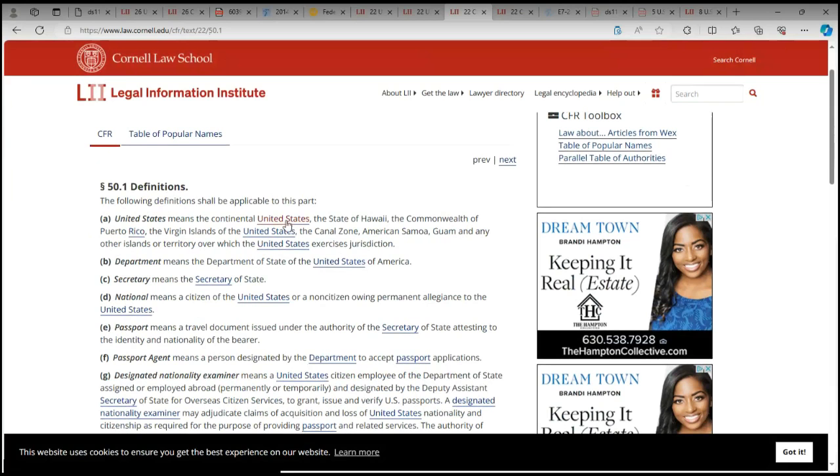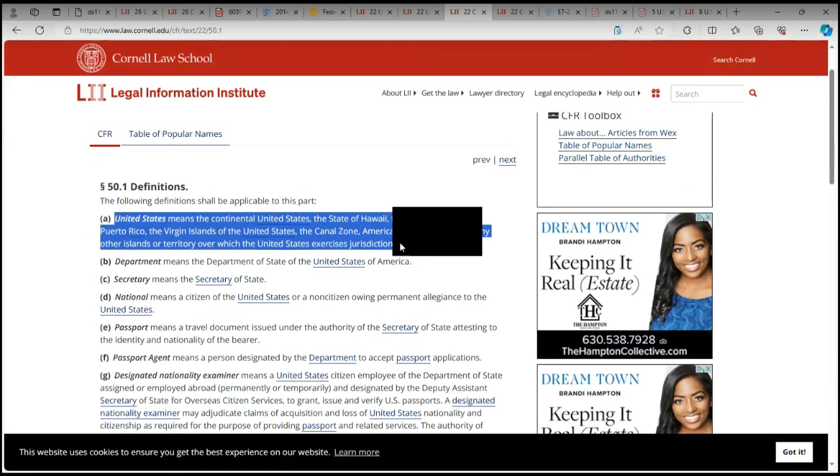United States means continental United States, the state of Hawaii, the Commonwealth of Puerto Rico, the Virgin Islands of the United States, the Canal Zone, American Samoa, Guam, and any other island or territory over which the United States exercises jurisdiction.